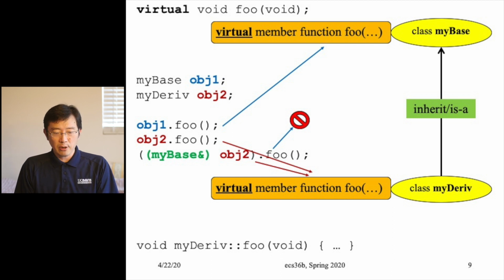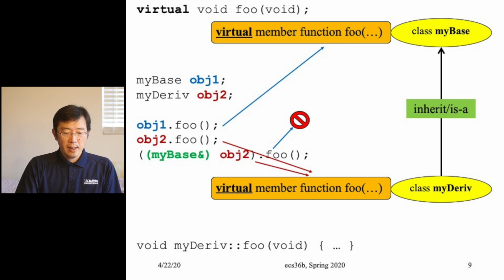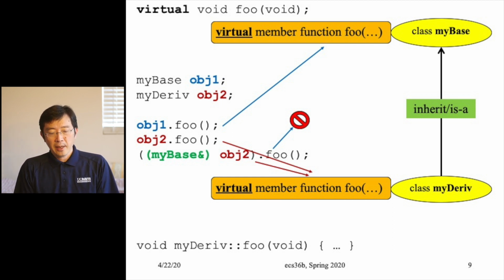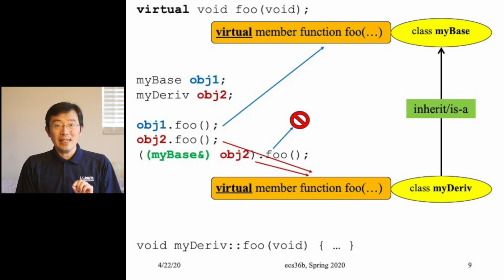So for a non-virtual function, the reference class type of the object at the time of the call will determine which foo function you're going to invoke. And for a virtual function, the reference class type of the object at the time of creation will determine which foo you're going to invoke.